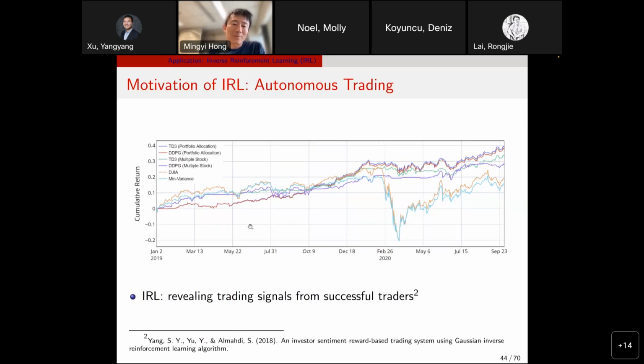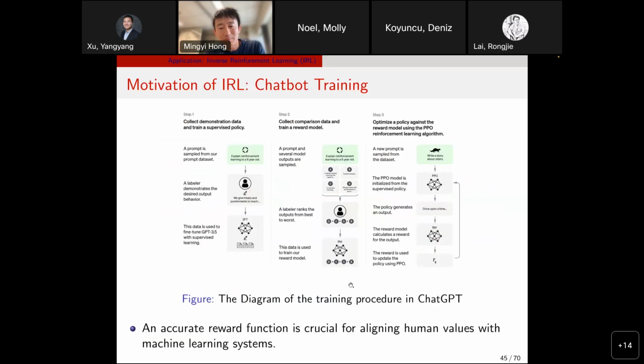Although the data may be from, say, 2020, and it probably doesn't make sense to exactly mimic the trader's behavior, it is important to figure out what the reward function is, why the trader makes such decisions, and what his or her preference is. Therefore, when I start to trade today, I know how to make decisions. That's what this application of IRL is about.